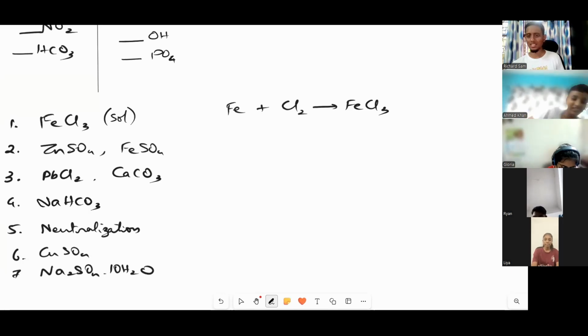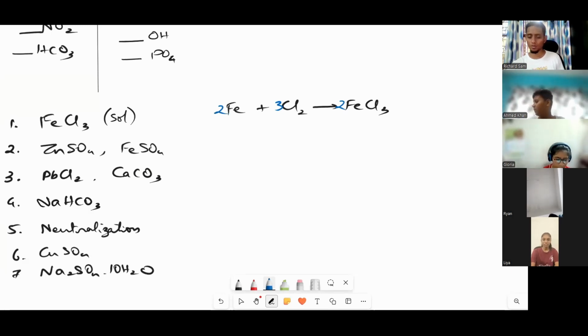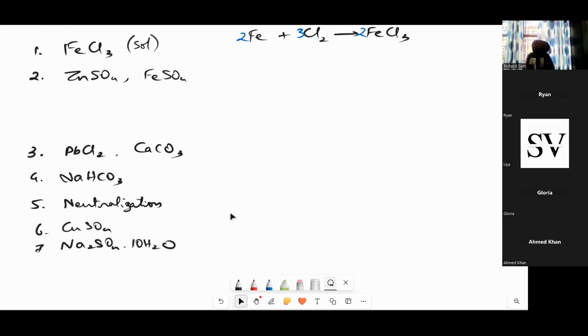So for Cl2 and Cl3 to balance, you'll make it 6. So here you add a 3, here you add a 2. So chlorine gets balanced. Then to balance Fe, put a 2 over here. Write on this first one, just write the first one with the reaction to prepare it. Okay, you got the first one?